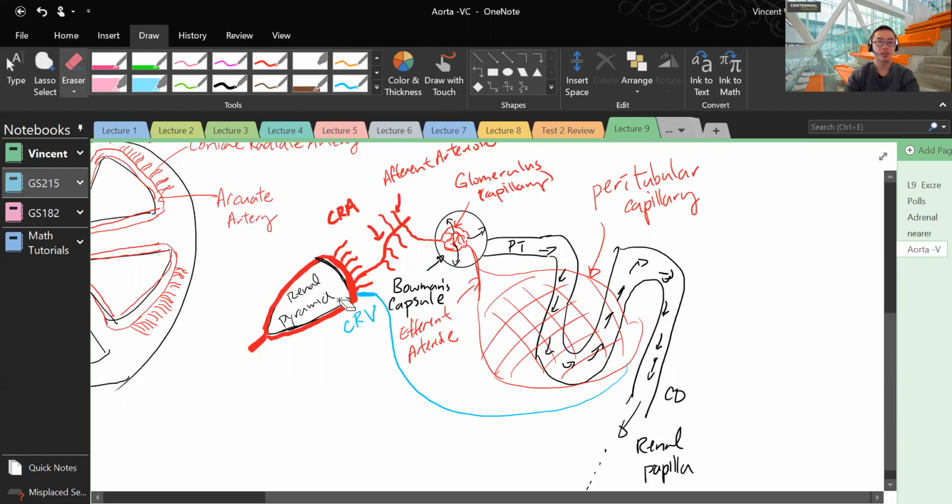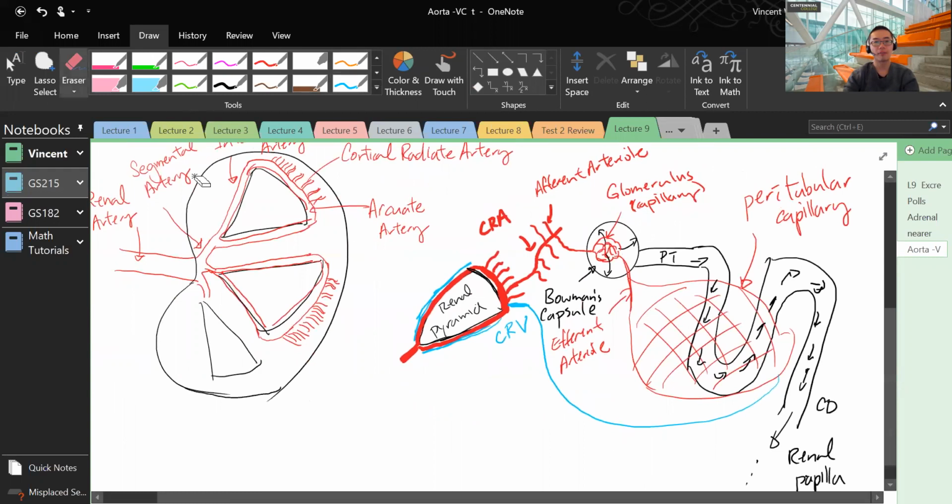And then it's just backwards. From the cortical radial veins, you're going to have the arcuate veins going back down. Okay. And for some reason, we don't actually have the segmental vein. It would just go out and become the renal veins. Okay, and back to the heart. So that completes the entire blood circulation.